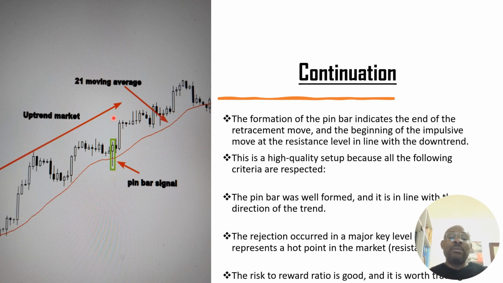You see, when the price action got to this place, it broke through a little, then there was a rejection. Then the price starts trending again. The rejection occurred at a major key level, representing a hot point in the market. The risk to reward ratio is good and it is worth trading.